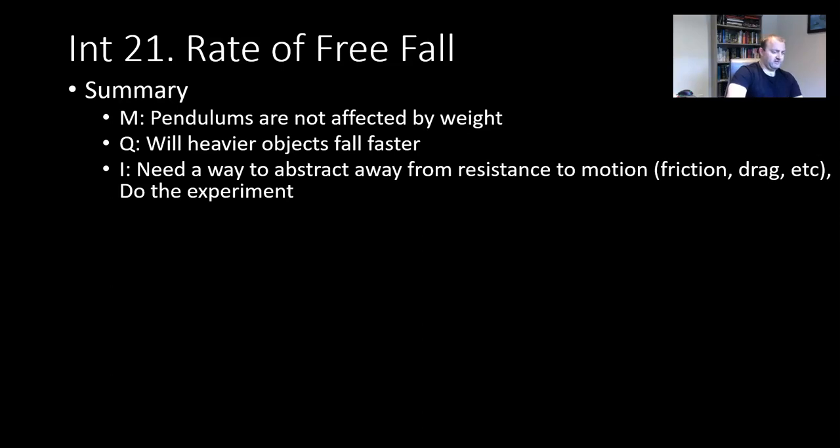So in the investigation, basically what we need is a way to sort of isolate and abstract away from the resistance that a falling object would feel. Now, the most common ones are friction and drag. It turns out that another one is the buoyant force.